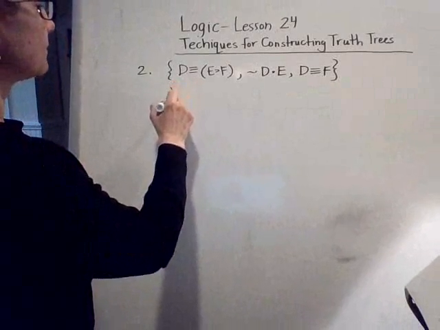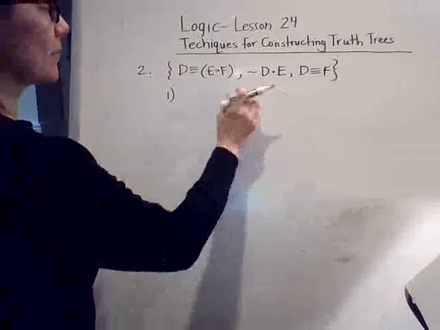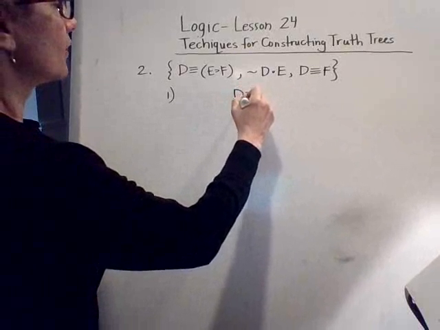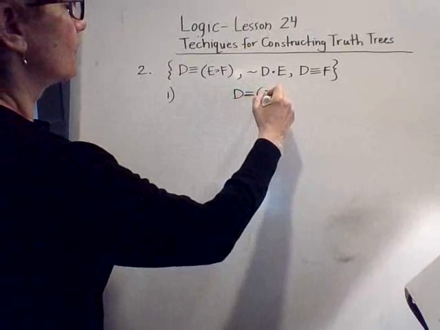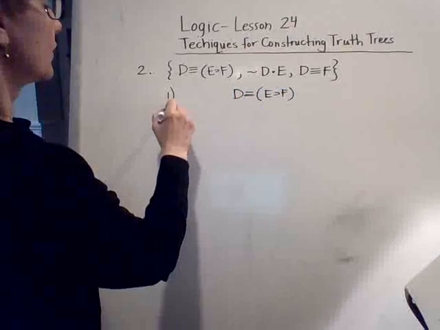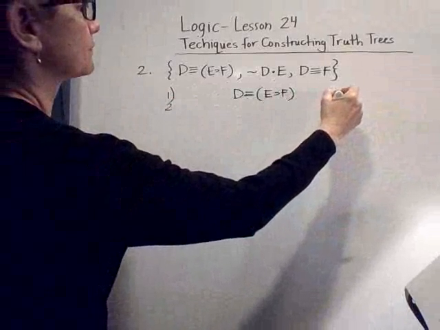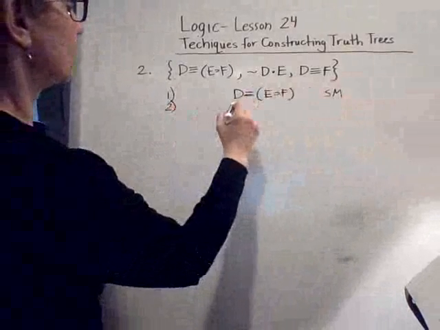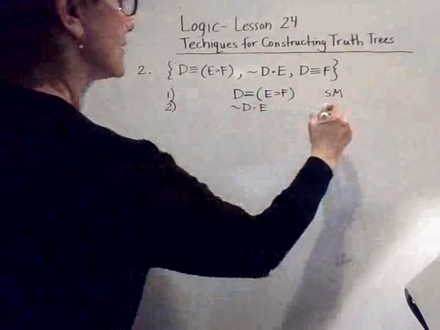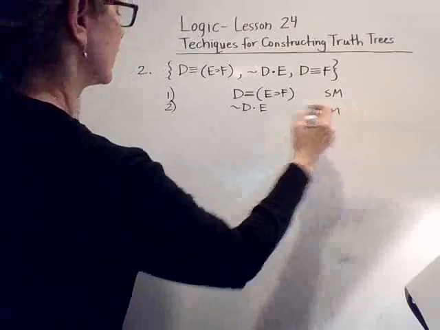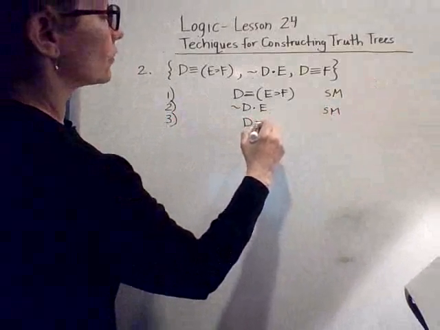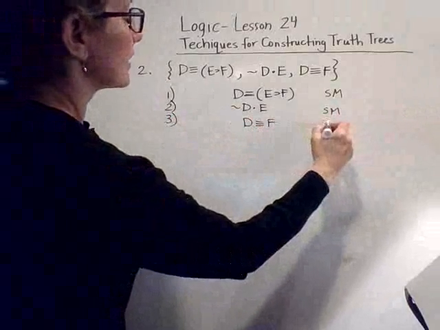We have line 1, and I'm going to write it in the middle here so that I have plenty of room to work: D if and only if E then F. Then line 2, set member: not D and E. Line 3 is D if and only if F, set member.